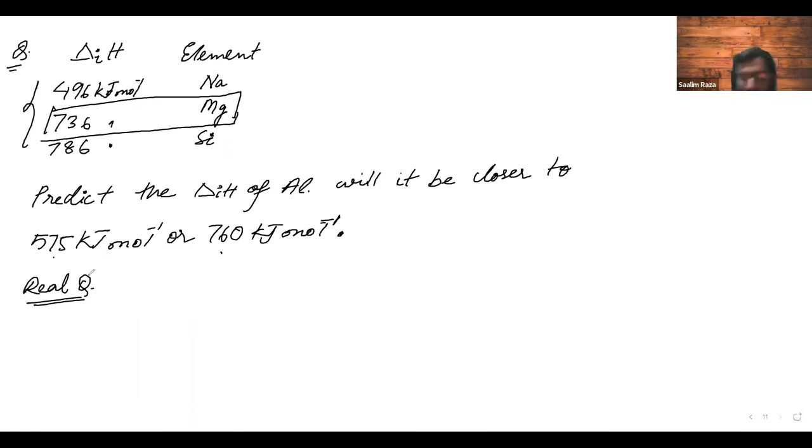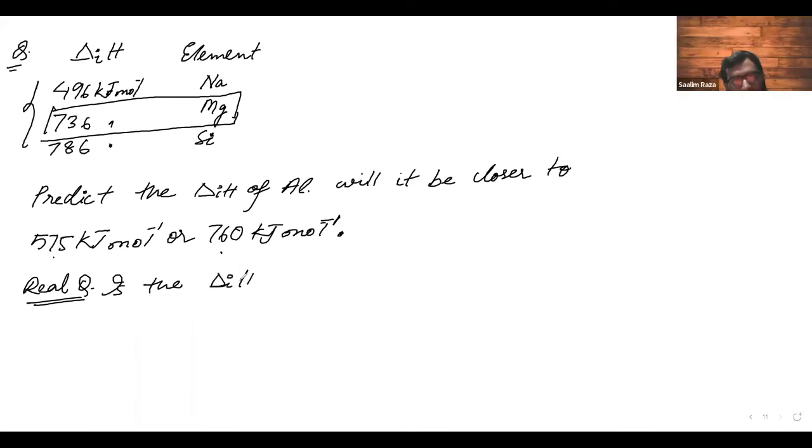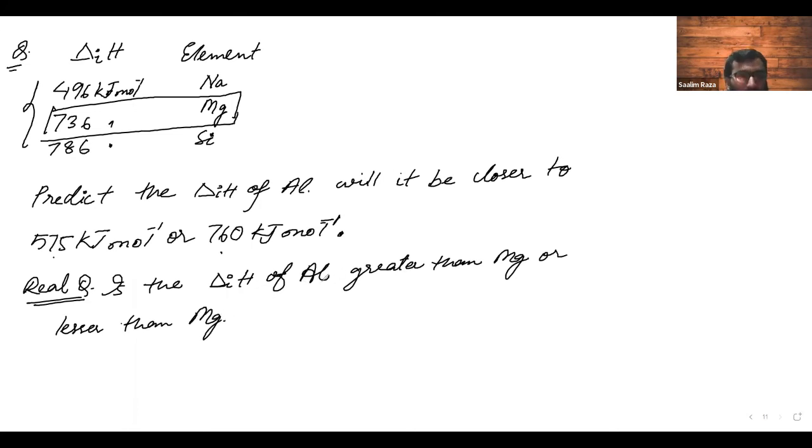The real question was: is the delta IH of aluminium greater than Mg or lesser than Mg? Why? If the ionization enthalpy of aluminium was greater than Mg, then we can say, fine, 760. If it is lower than Mg, then we will say 575. What is the ionization enthalpy for Mg? That is 736.